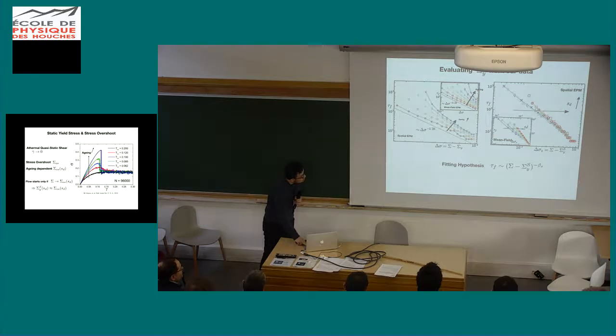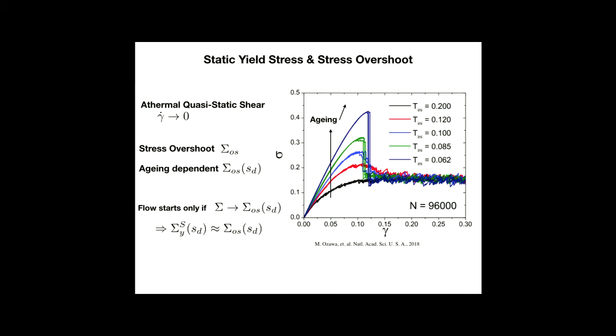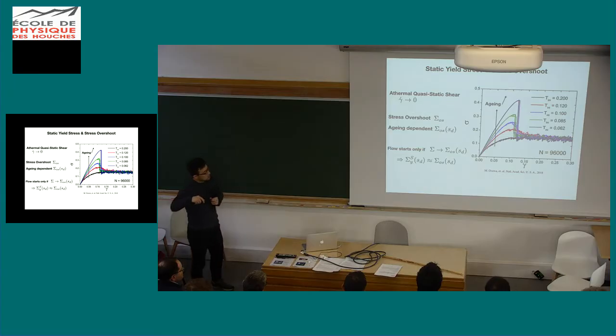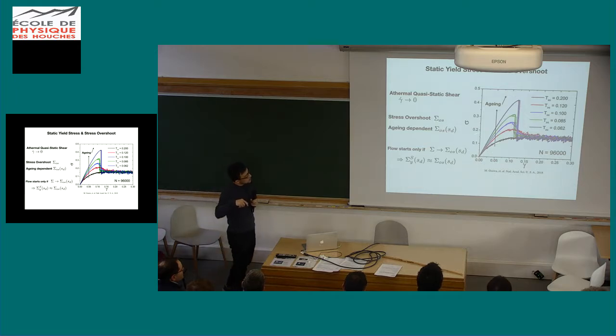And then just one more word on the static yield stress. Here is the stress strain curve that was shown yesterday by Ludovic. Since it's a quasi-static limit, you can expect that the steady state stress is actually the dynamic yield stress.